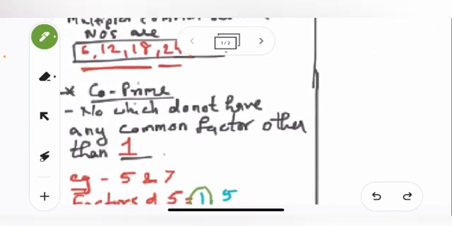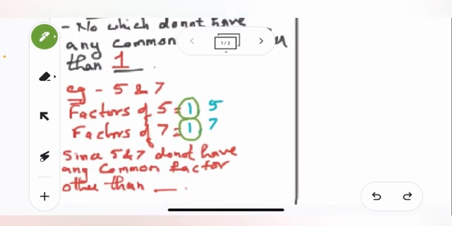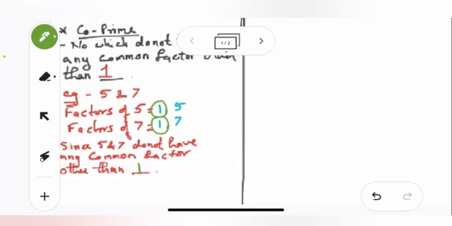But here only 1 is common, so we say that 5 and 7 are co-prime numbers, since 5 and 7 do not have any common factor other than 1. Okay, so only 1 is common in these two numbers. So these numbers are called co-prime numbers.